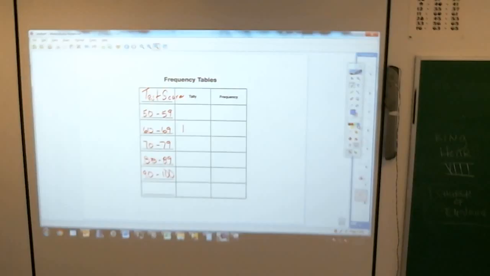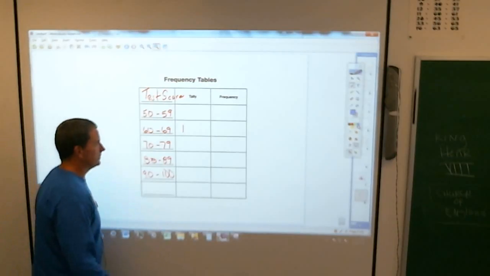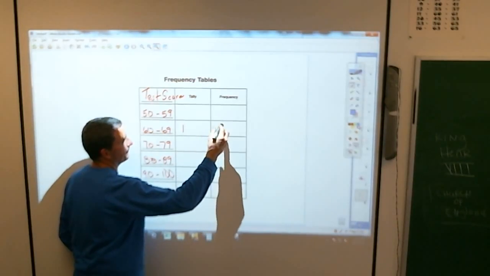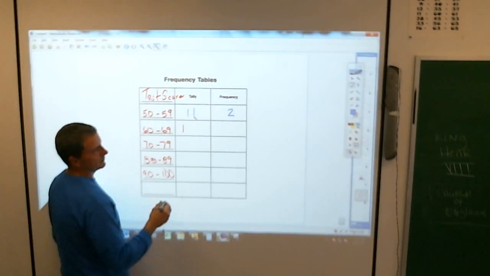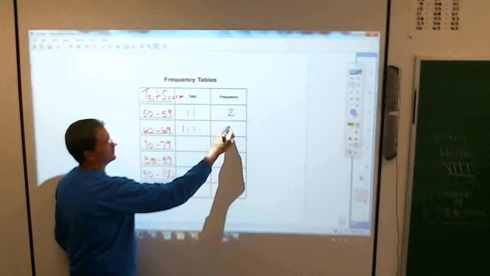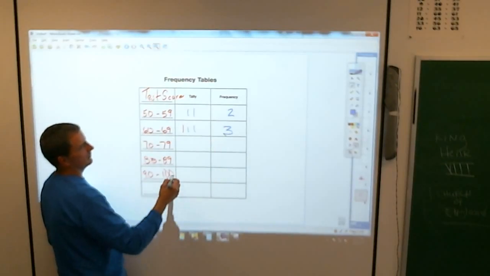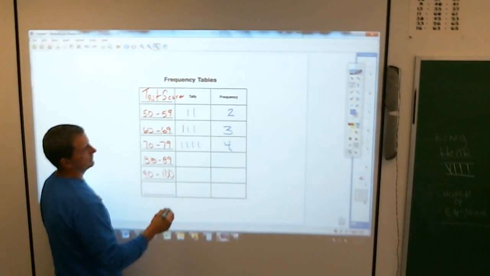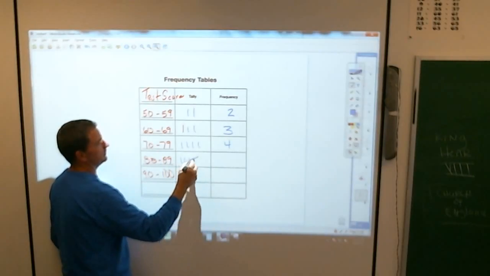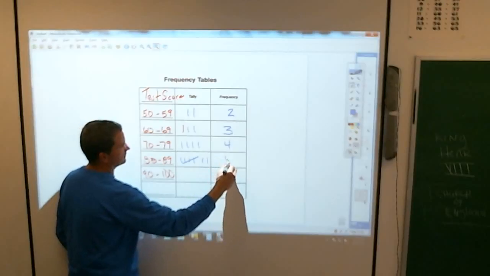So let's compare here. How many 50 to 59s? Everybody agrees on 2, so you have 2 tally marks there. 60 to 69? 3. You have 3 tally marks. 70 to 79s? 4. 80 to 89? 7. You should be using a little hash mark there to make your life easier.